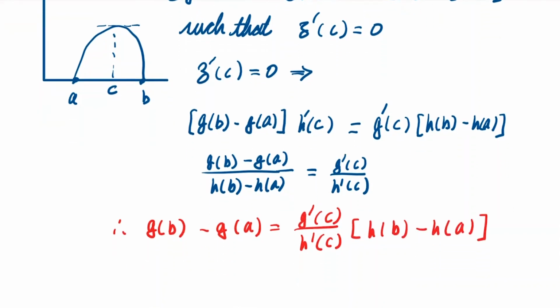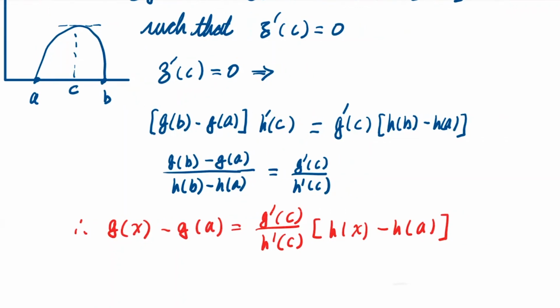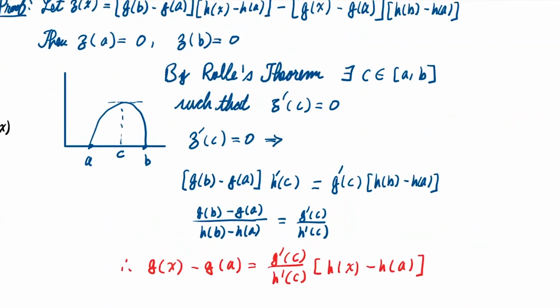But one last thing, instead of b, I want to have this in terms of x. This is the ingredient I'm going to need when I prove the Lagrange remainder. And remember that C here was between A and B, correct?